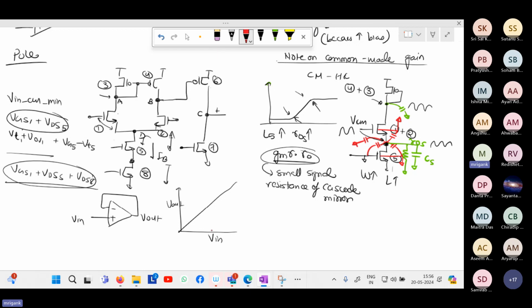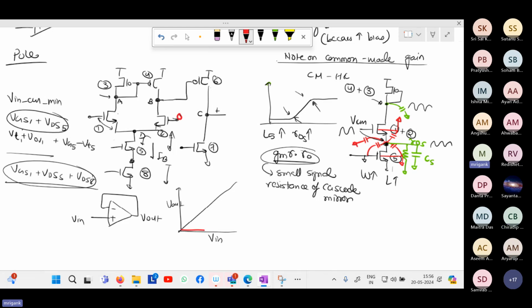If the positive input is very low, what will happen? The device will not turn on. It will still be off. So what will happen to the output? 0 will remain 0, right?